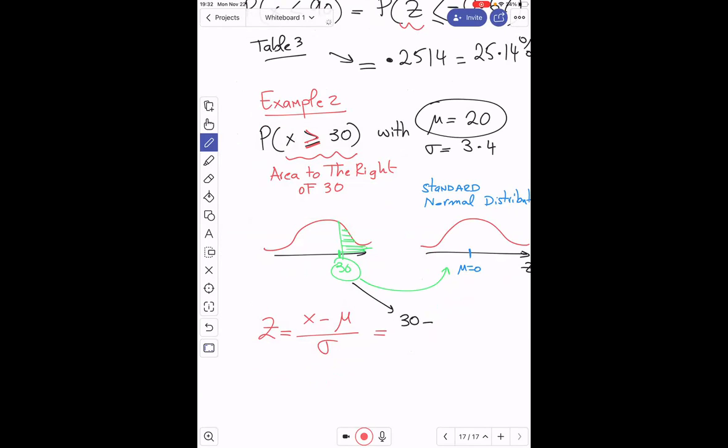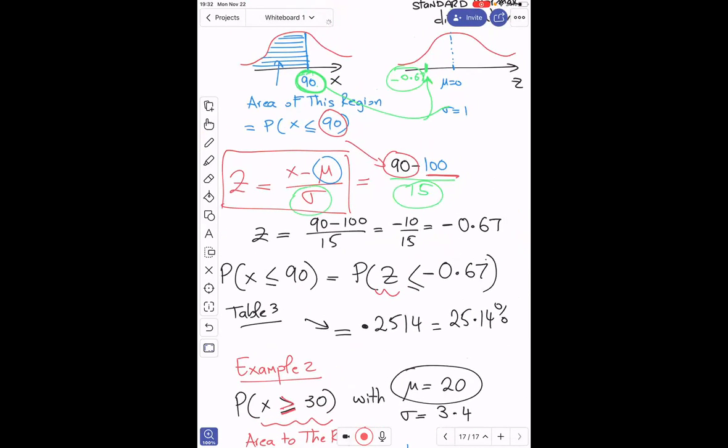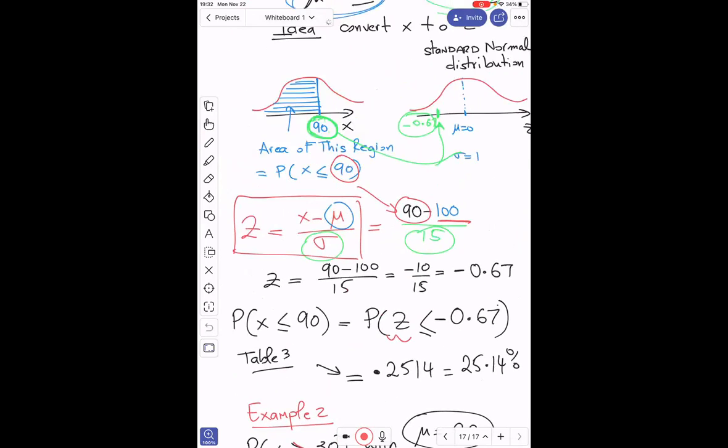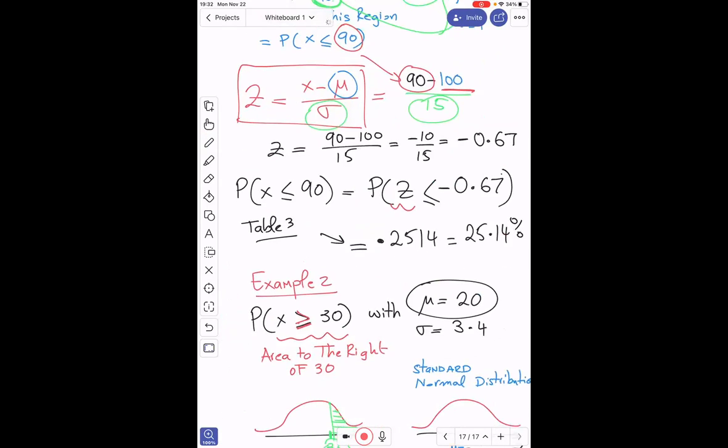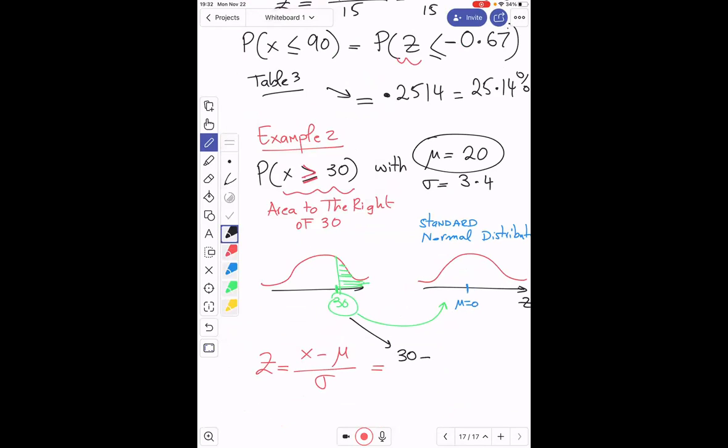It's not always the same, right? In the previous example, example number 1, mu was 100. Here in this example, the mean is 20. So the mean depends on the problem. And in the standard normal distribution, the mean, the average, is actually 0.